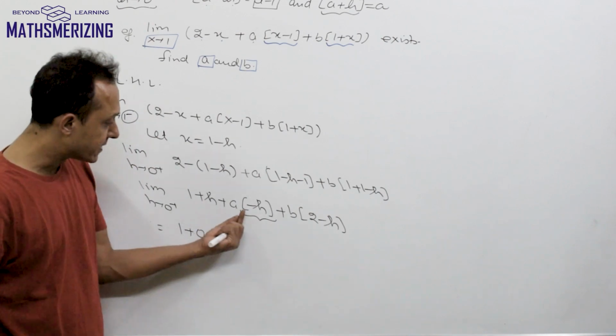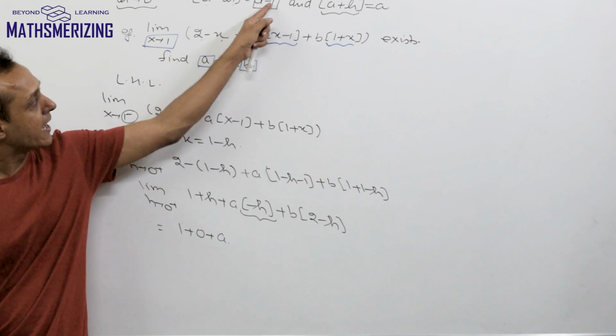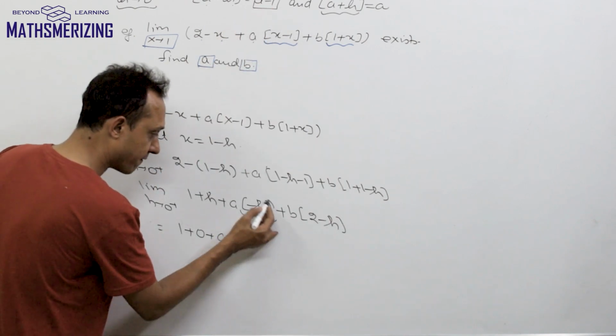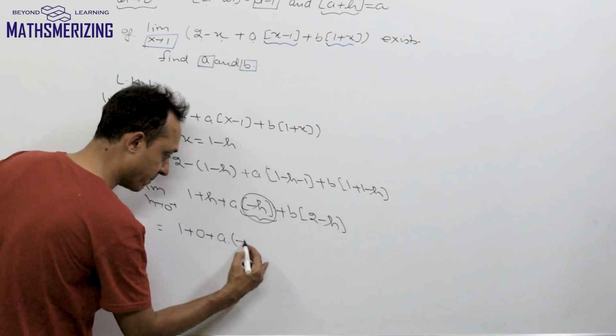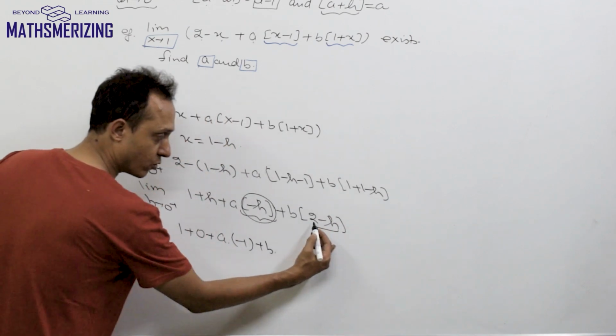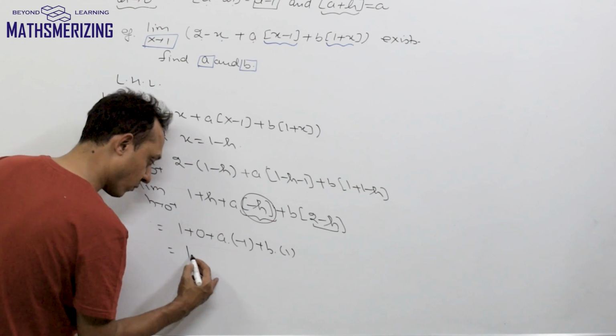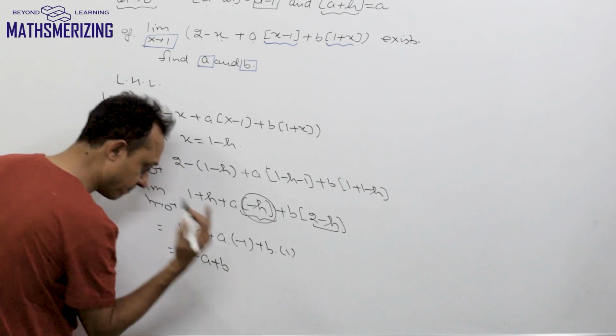Now minus h is actually 0 minus h, and when it is a minus h, it is a minus 1. So the value of the greatest integer function of minus h will be simply minus 1, and b into 2 minus h. So 2 minus something will be 1. So the left hand limit will simply be 1 minus a plus b.